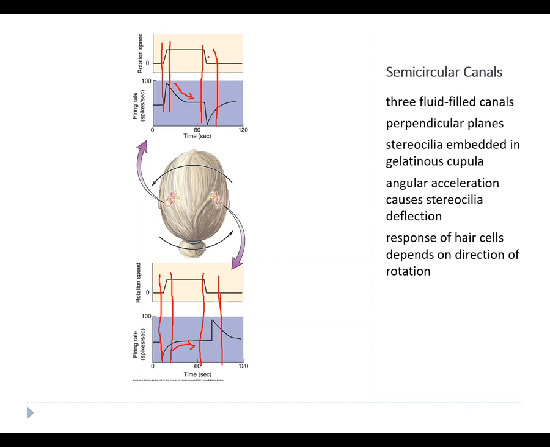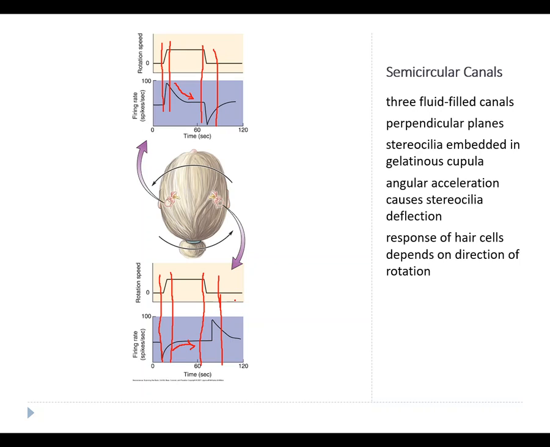But when you stop rotating, when your head stops spinning, then the semicircular canals send a signal to the brain that not only are you now spinning, but you've suddenly started spinning in the opposite direction. So now this semicircular canal is saying now the head is rotating to the right, and this semicircular canal is saying the same thing.